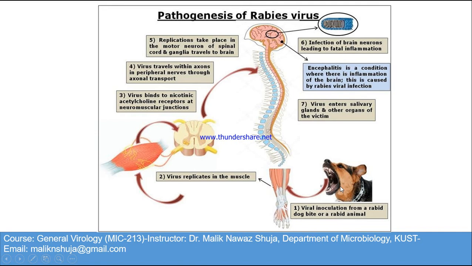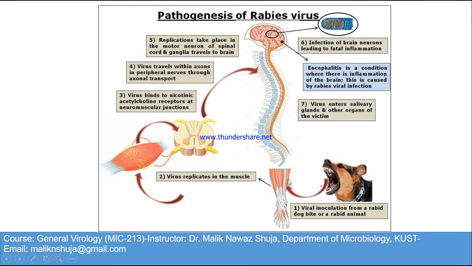In countries like Pakistan, India, Bangladesh, and Sri Lanka, most cases have been reported because of rabid dogs, which play a vital role in spreading the viral disease, specifically rabies.